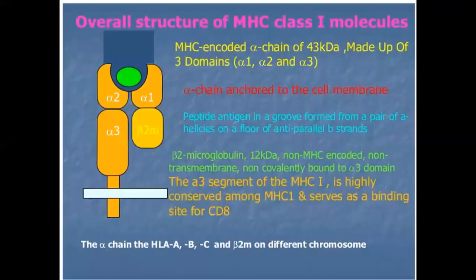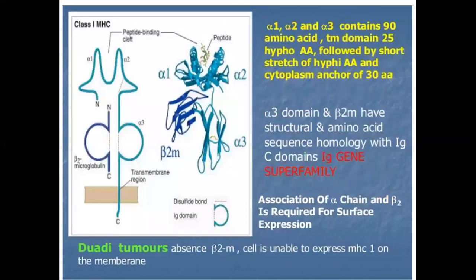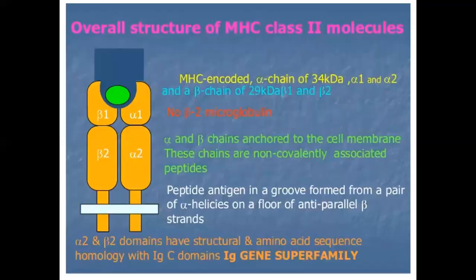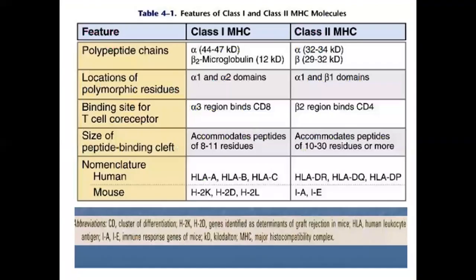Next, the overall structure of the MHC class molecules, class 1 MHC molecules and class 2 MHC molecules. This I'll explain overall. The features of class 1 and class 2 MHC molecules are summarized here.